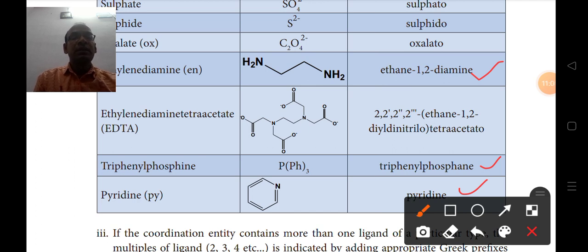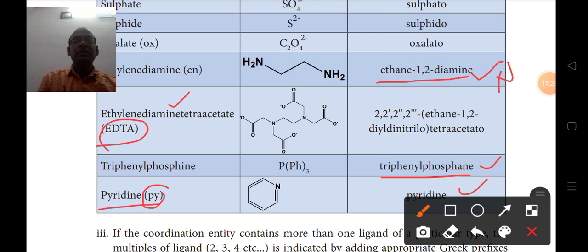These are the ligand symbols and common names. For neutral ligands, there is no change in the name and no net charge on the ligand. These points are used to find the oxidation number of the central metal ion.